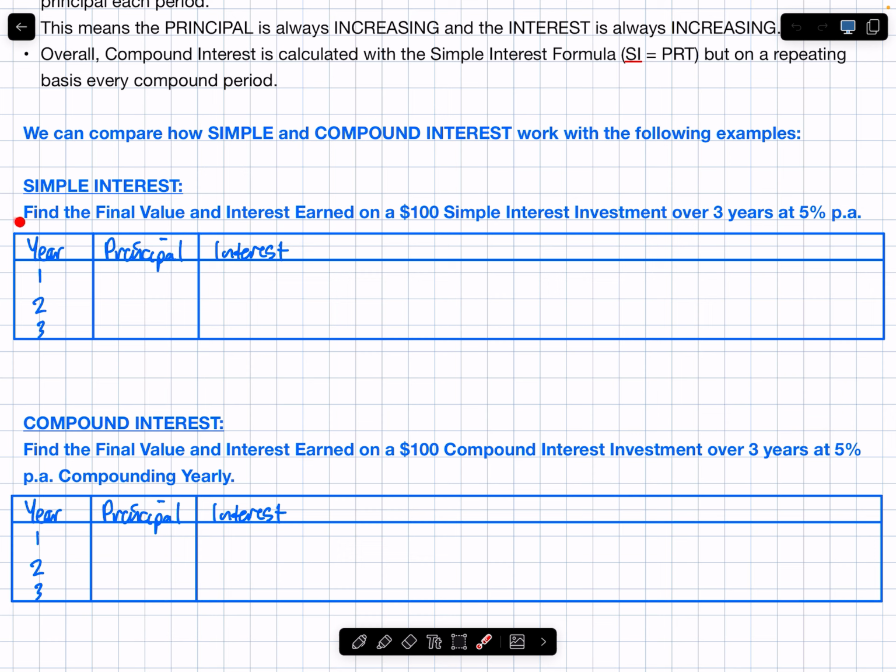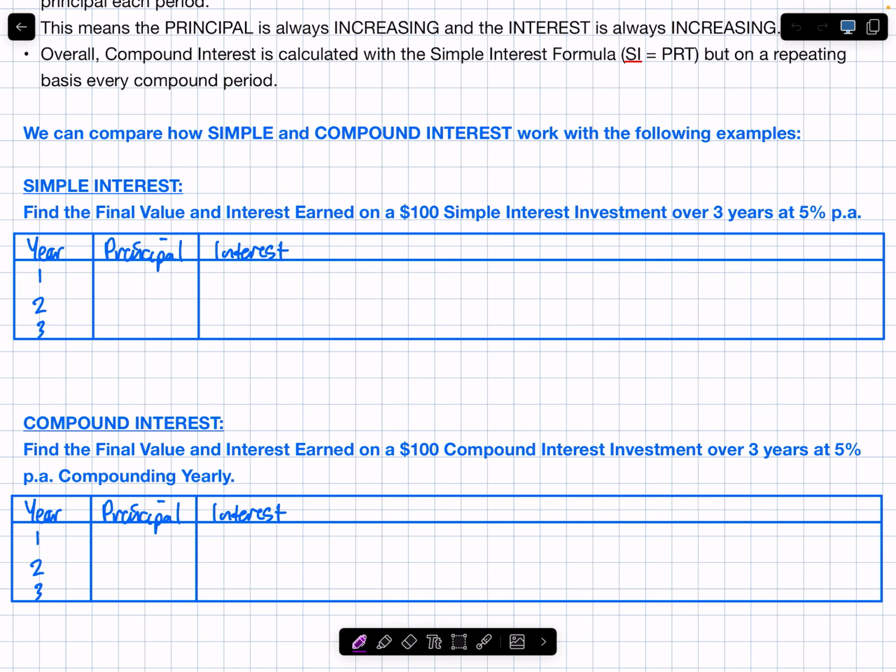The simple interest situation is: find the final value and interest earned if I did $100 simple interest over 3 years at 5%. Whereas this one, the compound interest one, it's still $100, still over 3 years, 5%, but the only difference is it's compounding once a year, which simple interest doesn't have.